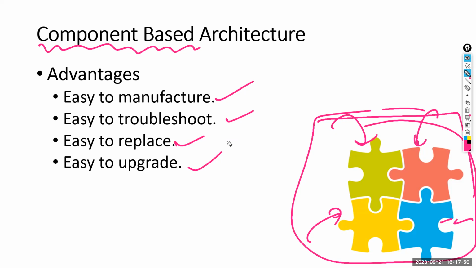If you feel like your hard disk is not enough, you can upgrade it, or even move to an SSD. Those are all good features because it uses component-based architecture. Easy to manufacture, easy to upgrade, easy to troubleshoot, easy to replace, because we are not locked into one vendor.